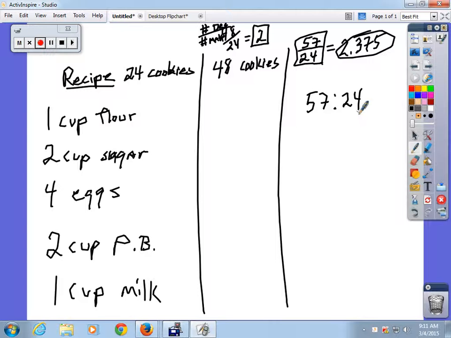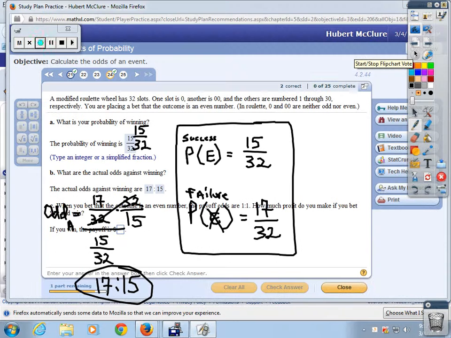So if I have an odds against, I just take that and multiply it by the number that's bet. A lot of people don't know that. So you've got a 17 to 15. So whatever you bet, you multiply by 17 over 15.